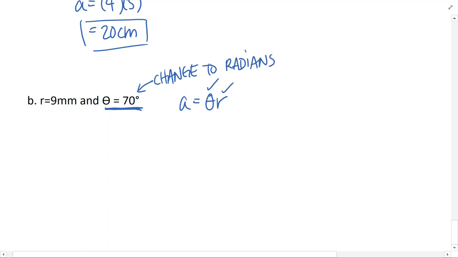Therefore, 70 times pi over 180 is equal to 7 over 18 pi.